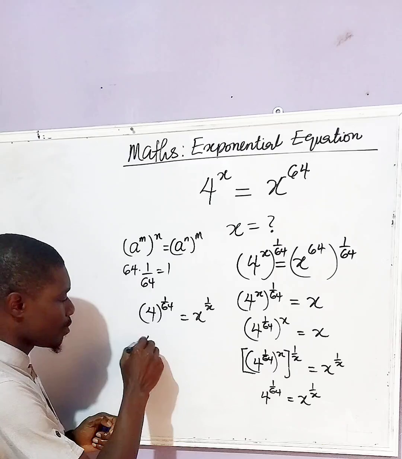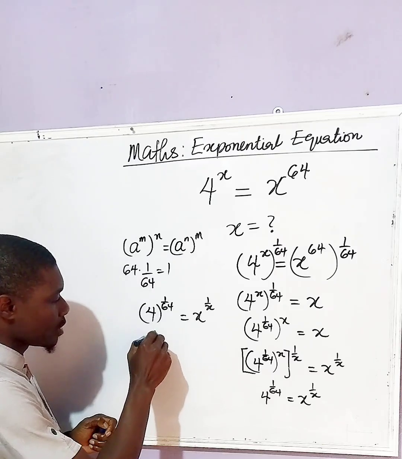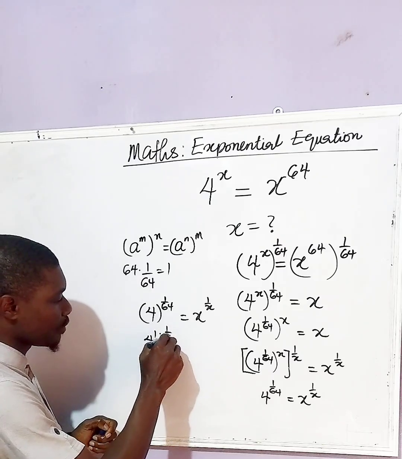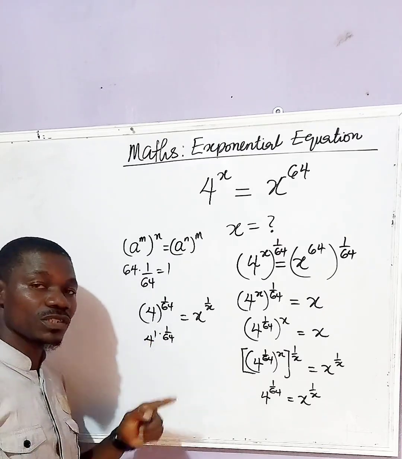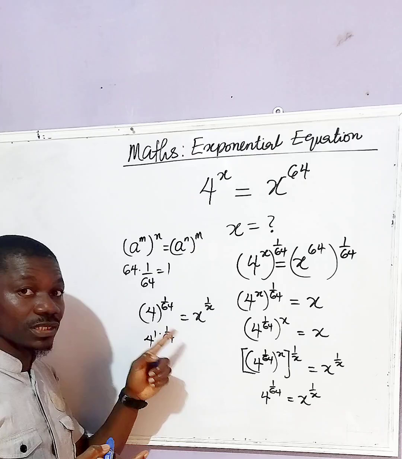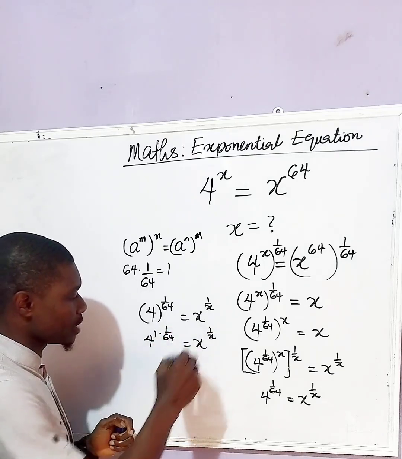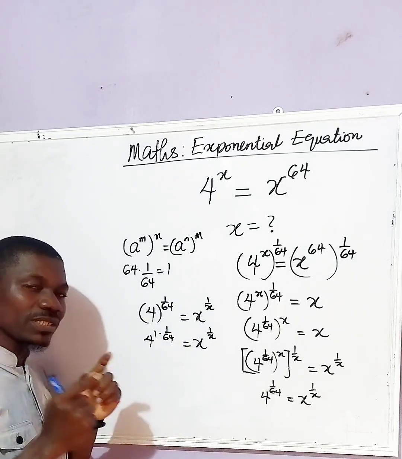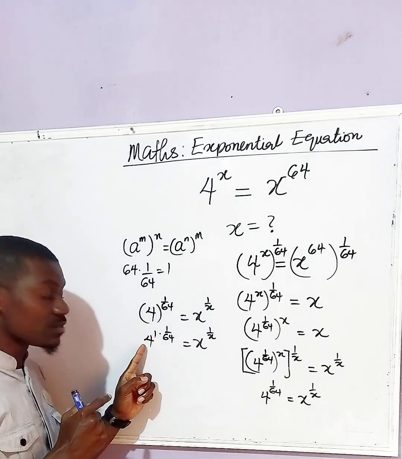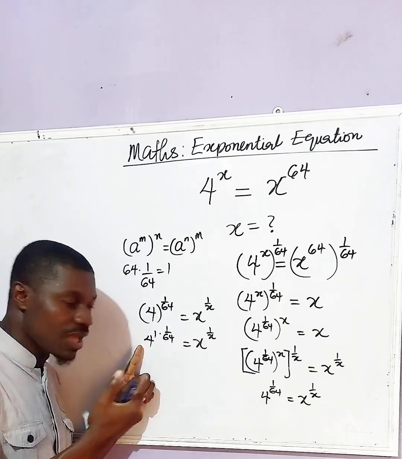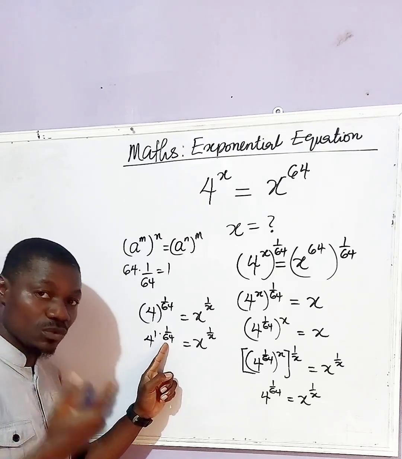So here we have it raised to the power of 1 times 1 over 64, because 1 times 1 over 64 will also give us 1 over 64, then equals x raised to the power of 1 over x. So this same number will raise 4 to that number and will multiply 64 by that number.